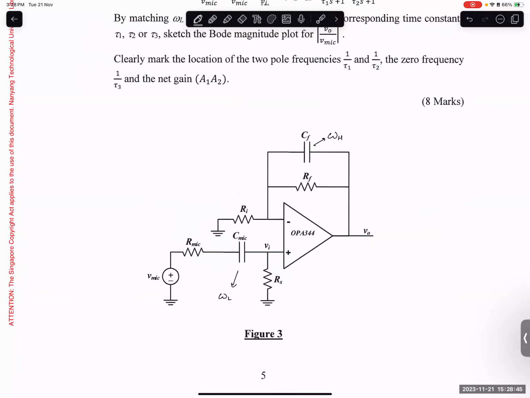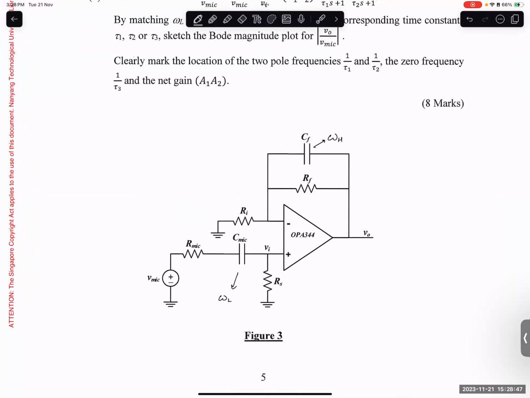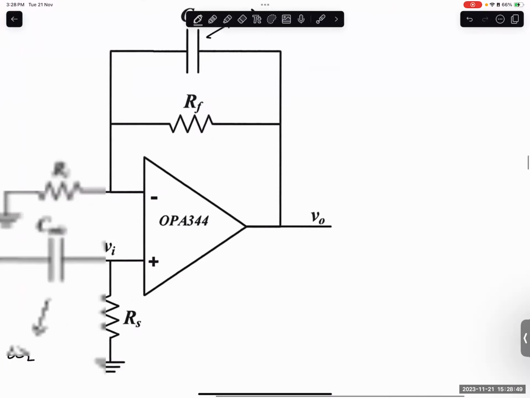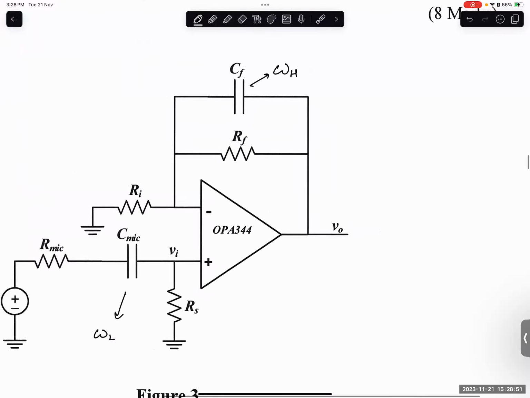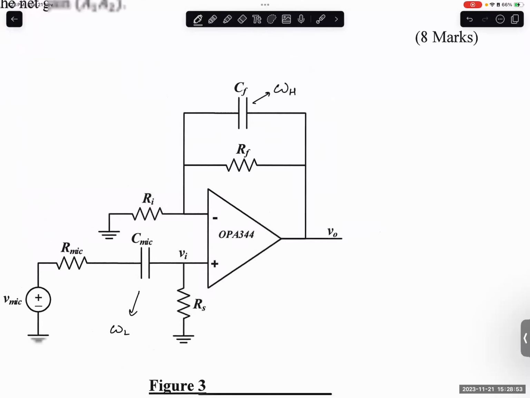Why? Because it allows higher gain. Your gain is RF over... Is it the other way around? Let me see. RF, at higher frequency the RF side becomes higher, then you get more gain there.